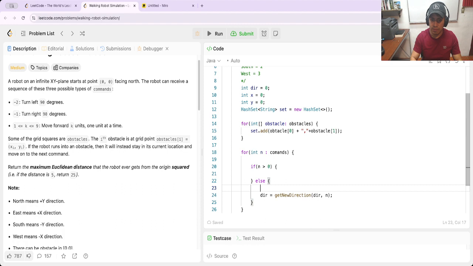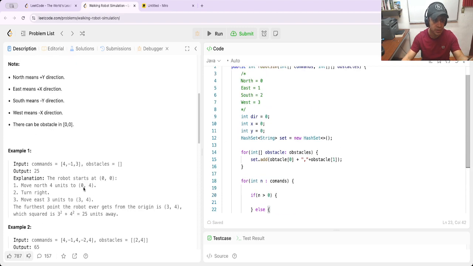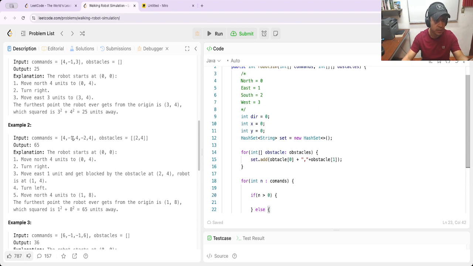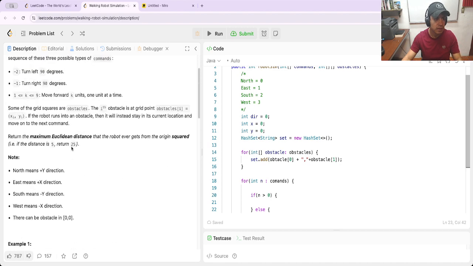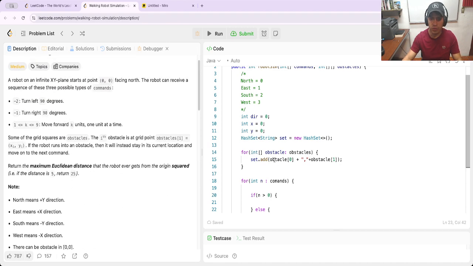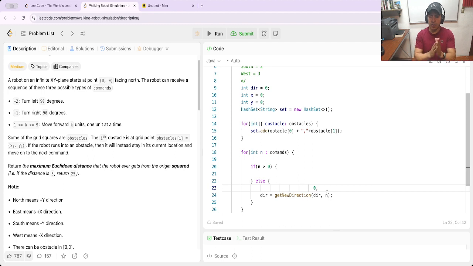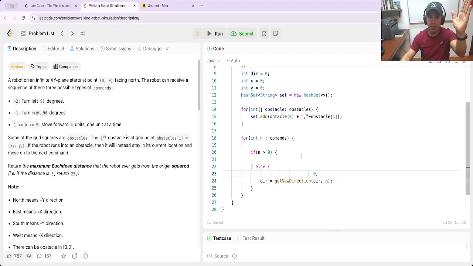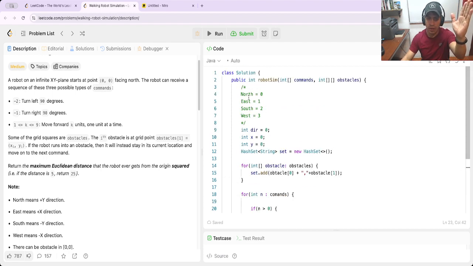In this case, for example, this dir obviously the first time is 0, and for example, if it receives, what is the number that is received here? Here, for example, the less 1 that is to right, is basically you are looking in this direction. If you turn right is basically in this catalog the east.